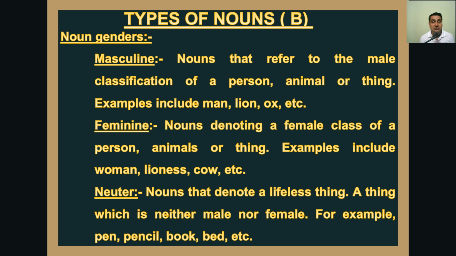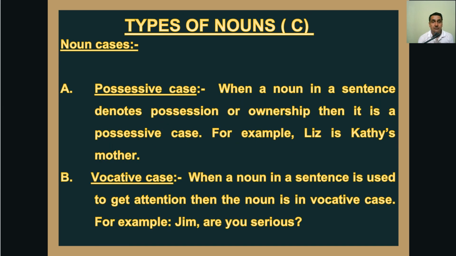Masculine, nouns that refer to the male classification of a person, animal, or thing. Examples include man, lion, ox, etc. Then feminine, nouns denoting a female class of a person, animals, or things. Examples include woman, lioness, cow, etc. Then another would be neuter, nouns that denote a lifeless thing, a thing which is neither male nor female. For example, pen, pencil, book, bed, etc.